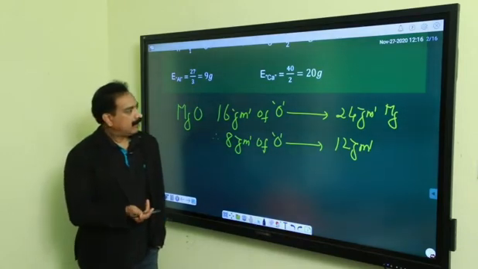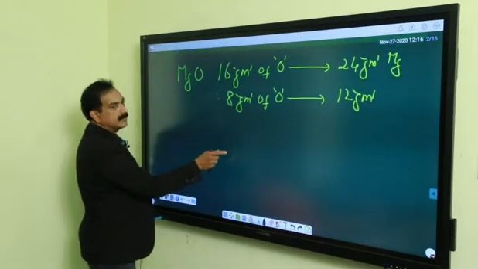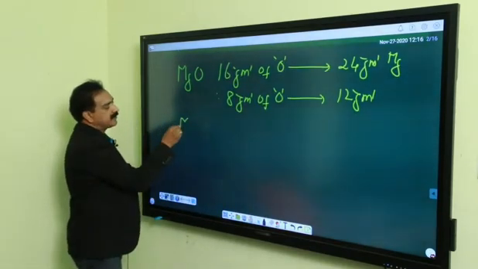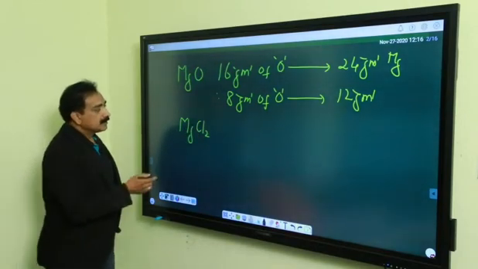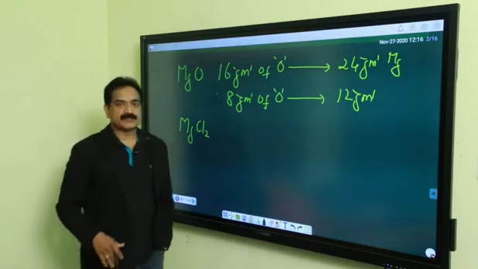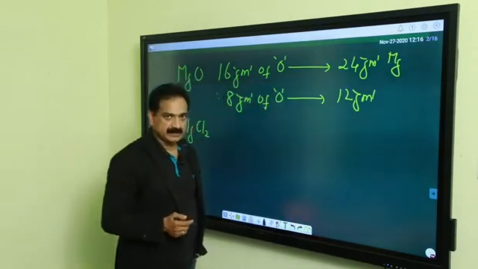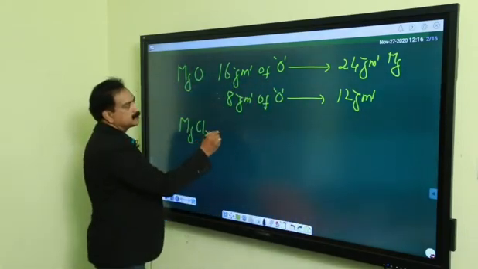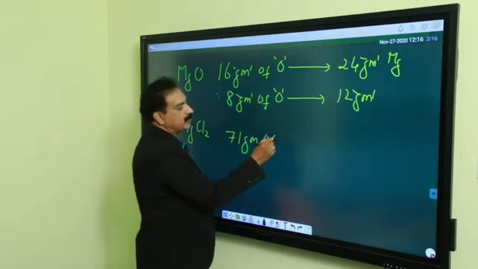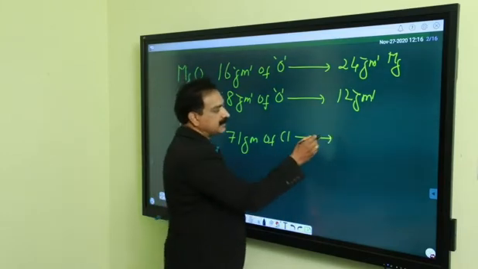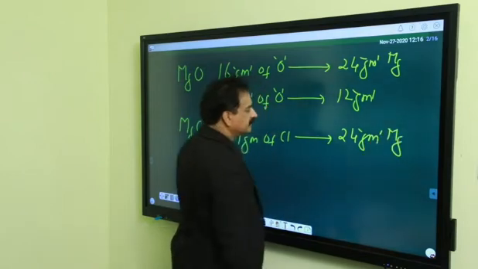Or if you look at the formula of magnesium chloride, MgCl2, here 1 gram atom of magnesium is combining with 2 gram atoms of Cl, that is 71 grams. So 71 grams of chlorine is combining with 24 grams of magnesium.